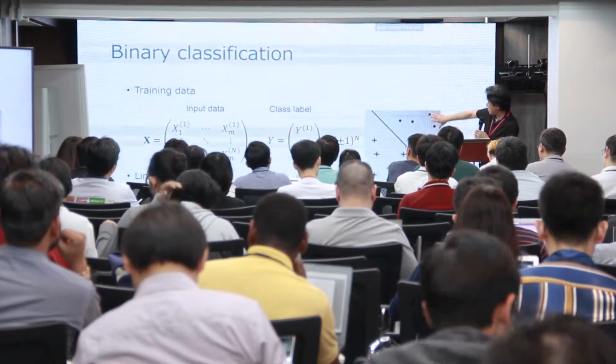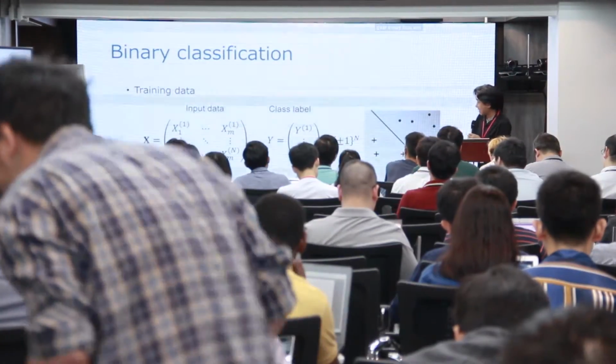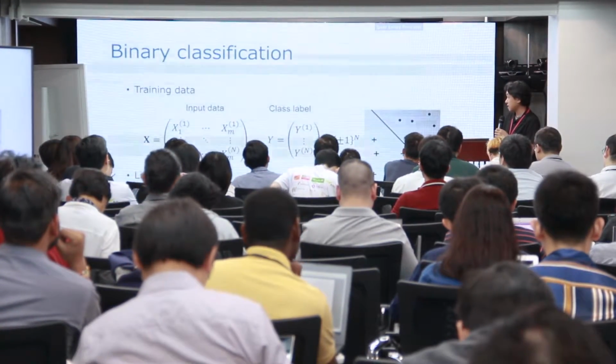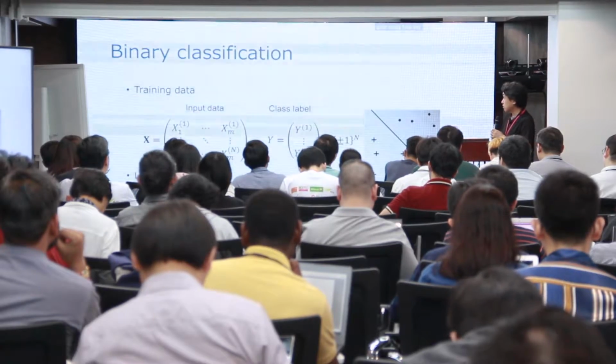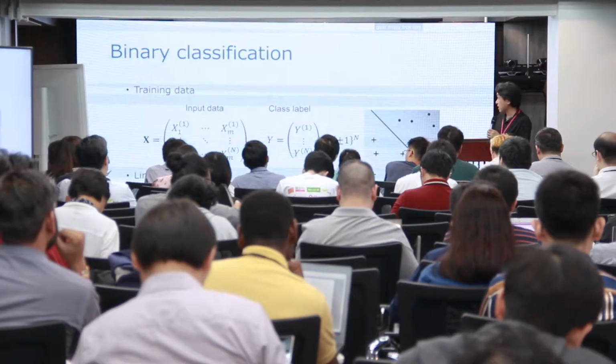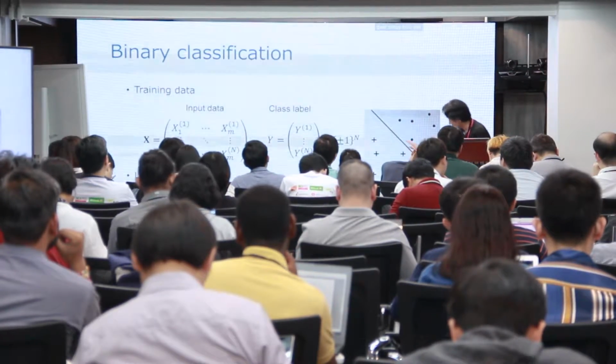So these circles represent the +1 part, and these crosses are representing the -1 part. And we want to draw some hyperplane to separate two regions so that the labels match with the regions. This is the plus part, and this is the minus part.